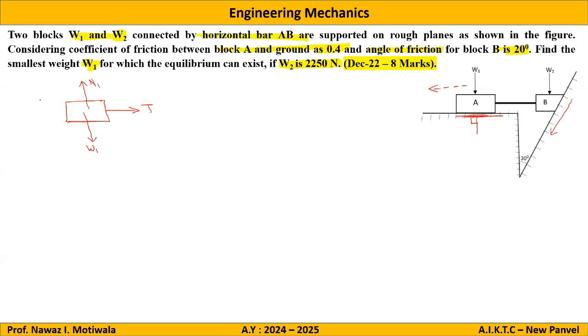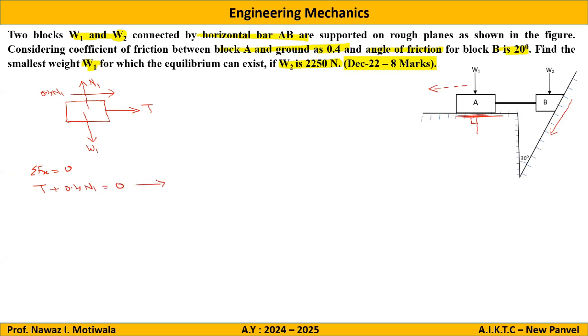And then we have friction force. As the block A is moving towards the left side, friction force will be shown towards the right hand side with a value of 0.4 multiplied by N1. So this completes the free body diagram of block A. Writing the equations, summation of Fx is equal to 0, I will get T plus 0.4 N1 is equal to 0.